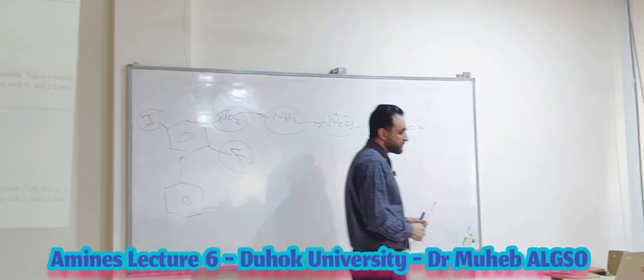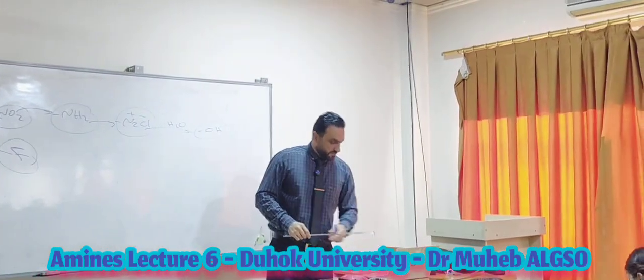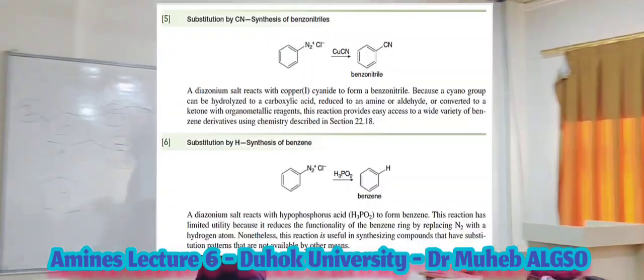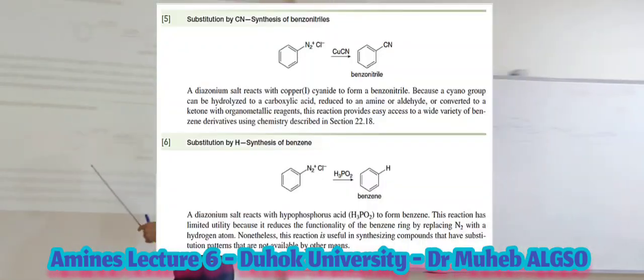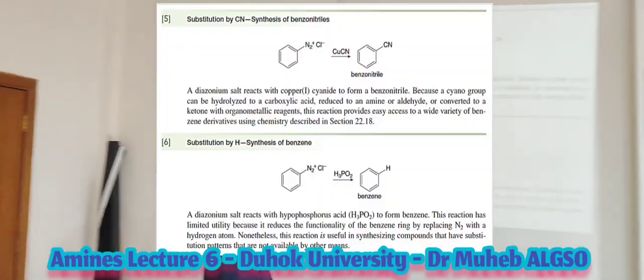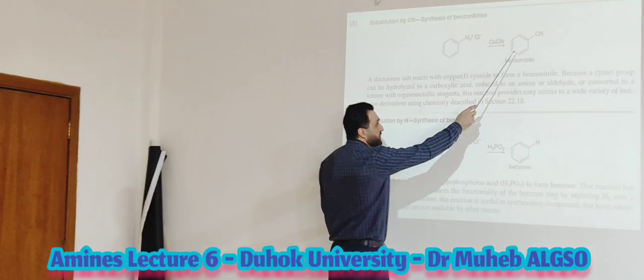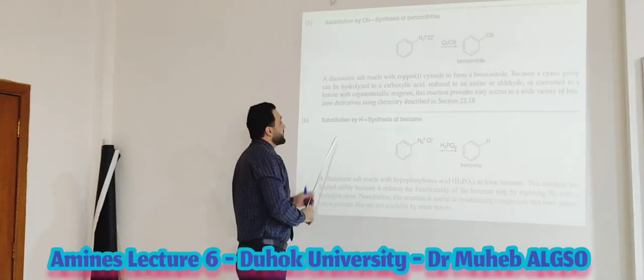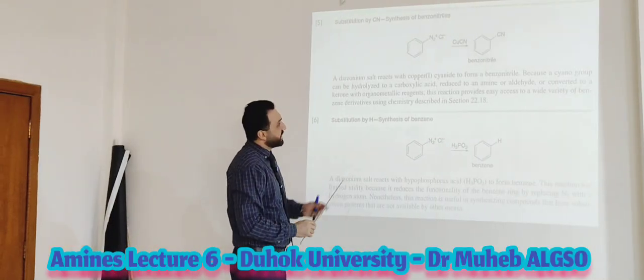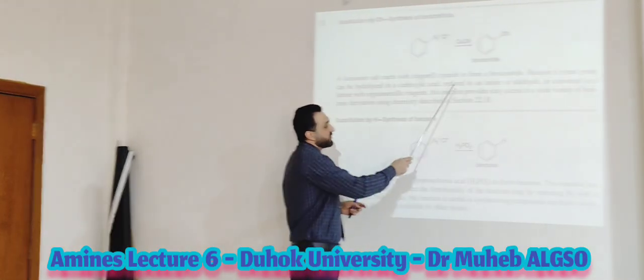So, CN, substitution by the CN group, the nitrile group. Benzonitrile. This is the benzonitrile. So diazonium salt reacts with cyanide to form what?